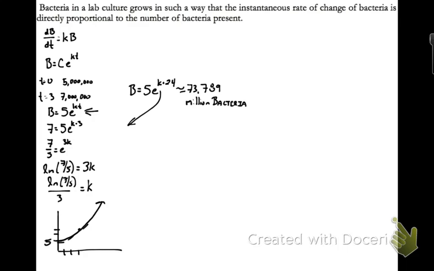And the last question is, when will the population reach 1 billion? So I want to know, when will there be 1,000 million bacteria, or 1 billion? So when does 1,000 equal 5e^(kt)? K still has this value that we solved for. So first I'm going to divide by 5. So 1,000 divided by 5 is 200.